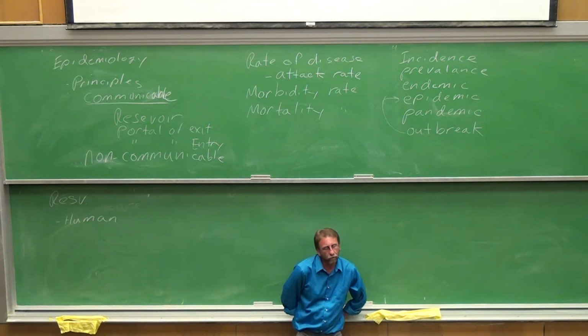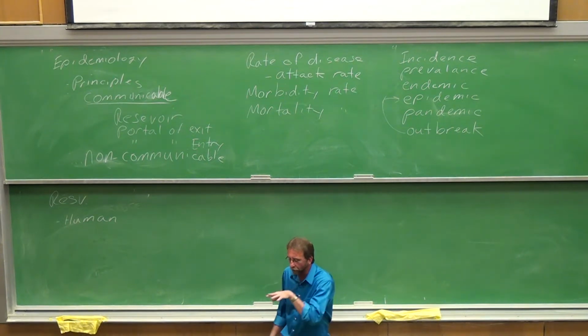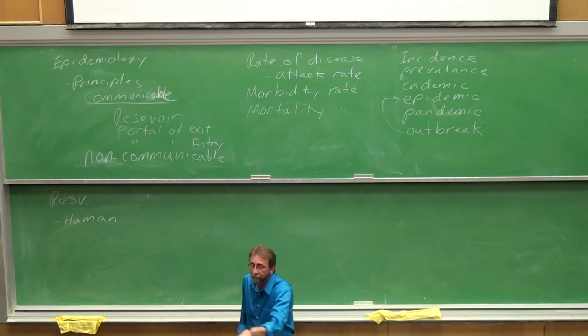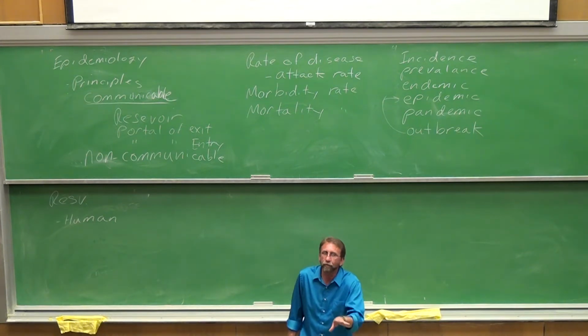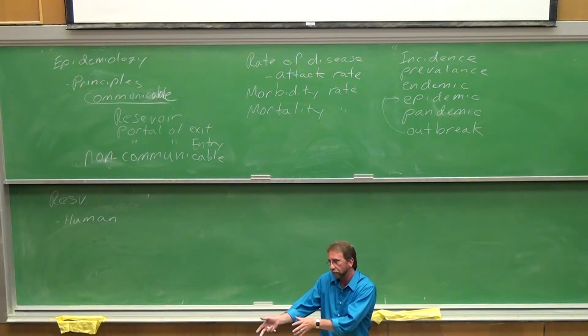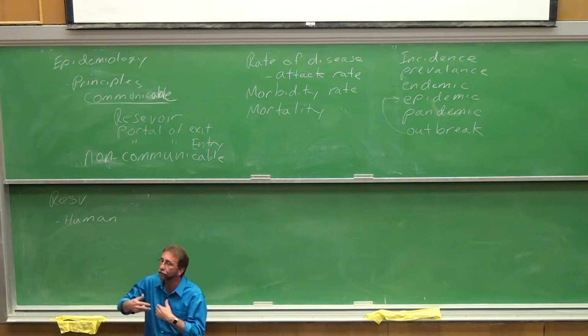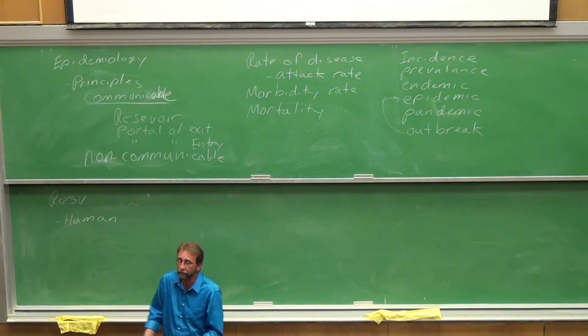And it is also the easier reservoir to control. Because if you think about it, with a microbe that only infects humans and can only be found in humans, control the humans and you control the microbe. That's why we quarantine people. If you quarantine individuals that are sick, you prevent them from exposing others, you can prevent the spread of the disease.